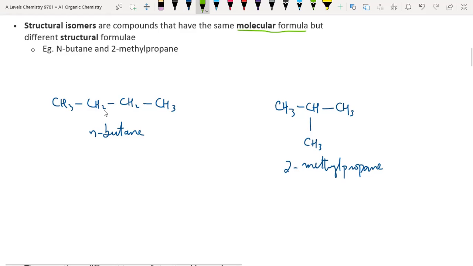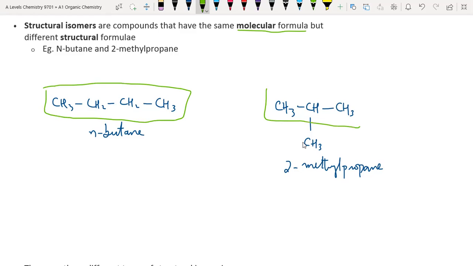This example is from chain isomerism, in which the length of the chain is variable but the chemical formula of the compound remains the same. In both of these compounds, the molecular formula is C4H10.